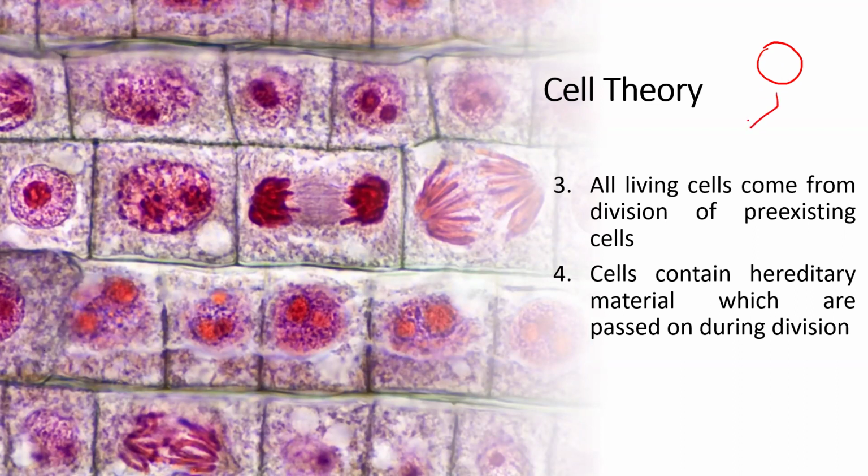So here's a cell, and the cell can divide and become 2 cells. Each of those cells can further divide, and you can make more and more and more. So this process has a name. It is called mitosis. And we'll be learning a lot more about mitosis in the coming weeks.